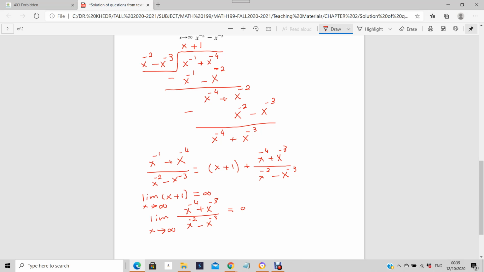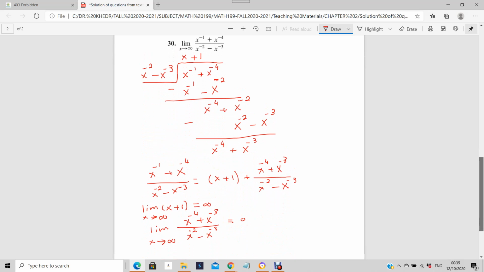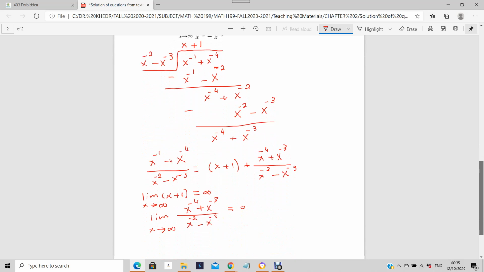Then the limit of the whole function here, the rational function, is equivalent to infinity plus 0, that is infinity.